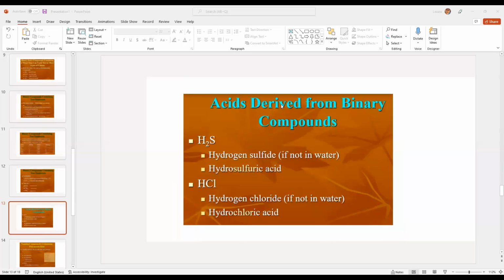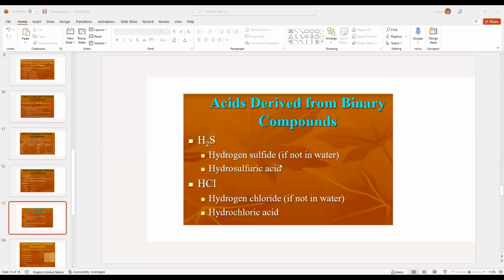The acids that are derived from binary compounds, for example, if it is a gas, is hydrogen sulfide. But if it is in water, it's an acid, and then you say hydrosulfuric. Then you add hydro and ic to the name of the element.